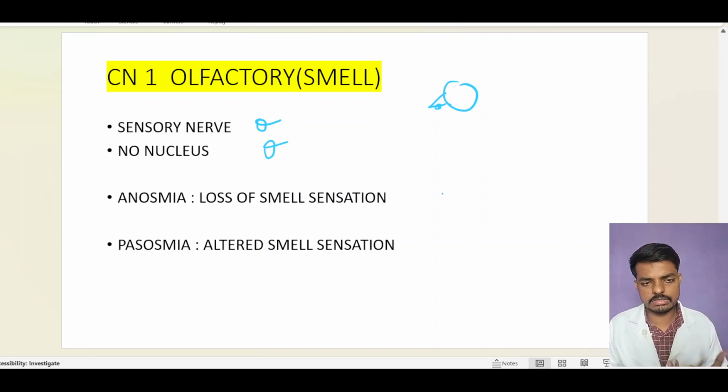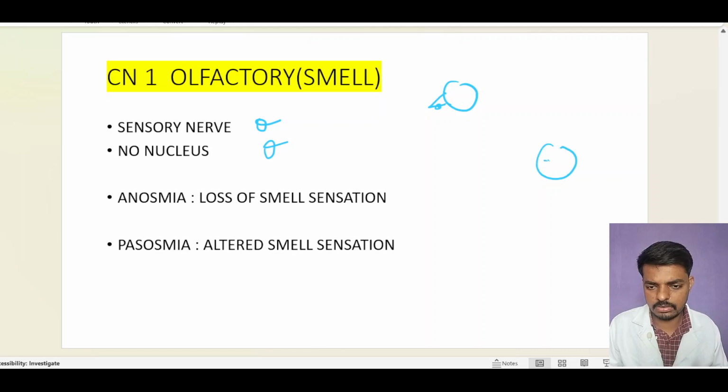Okay, how will we examine cranial nerve number 1, the olfactory nerve? We will ask the patient to close his eyes, and in one place we will keep 4 types of different smells.